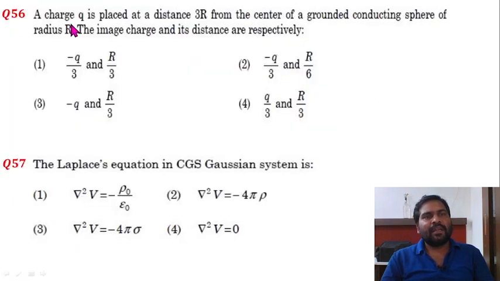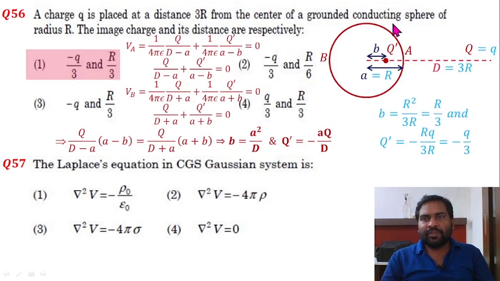Question 56. A charge q is placed at a distance 3r from the center of a grounded conducting sphere of radius r. The image charge and its distance are respectively. So this is a grounded conducting sphere, and from the center at a distance capital D, a charge q is placed. The radius of the sphere is equal to a.